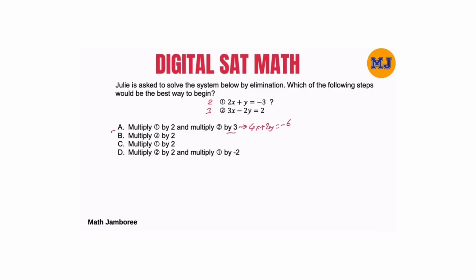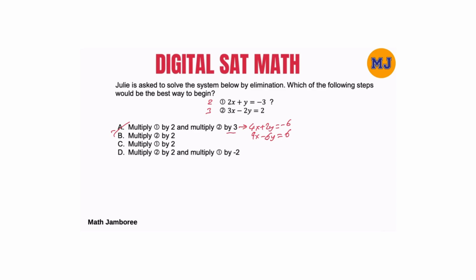On the bottom, multiplying the second one by 3, you would get 9x minus 6y equals 6. But if you pay attention to the coefficients of the variables, 4 and 9, 2 and negative 6, if I add both sides, this wouldn't do anything for my solution. This is not a logical first step to take.